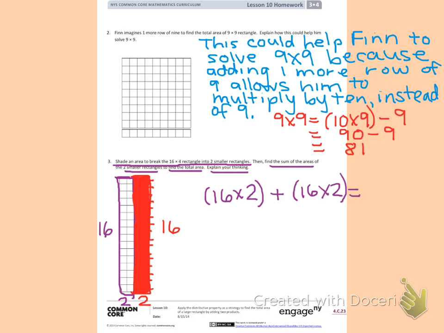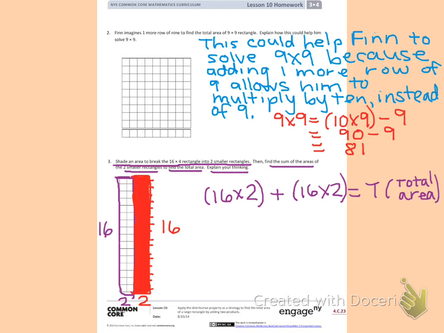That's going to be our total area. T will be for total area. All right, so 16 times 2. That's 16 groups of 2.